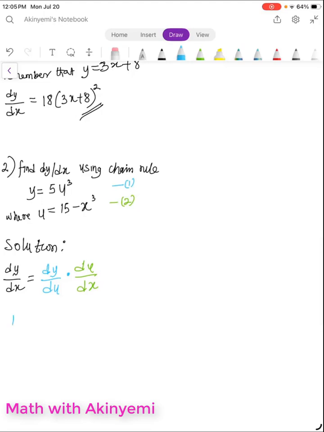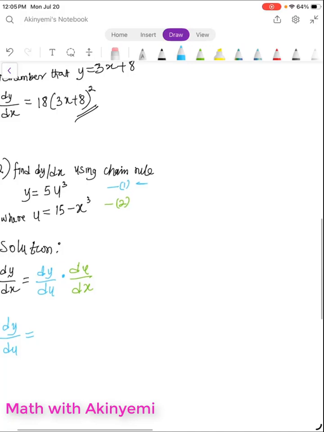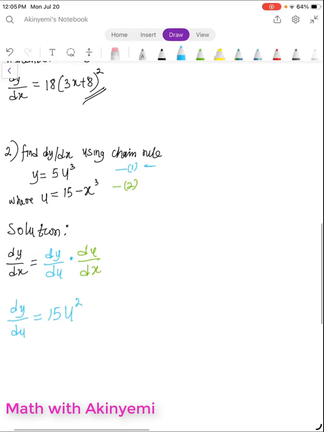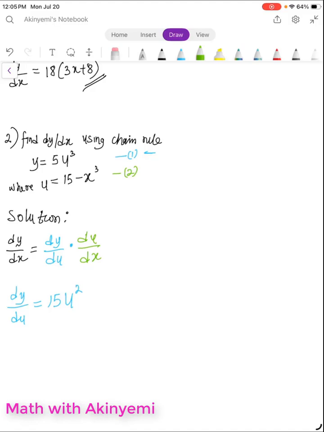So we can say our dy over du equals, we are going to differentiate this, you can see, right? So dy over du is going to be 15u to the power 3 minus 1, which is 2, and then our du over dx equals differentiating this, that is going to give us minus 3x raised to power 2. Don't forget this sign. It's very important.